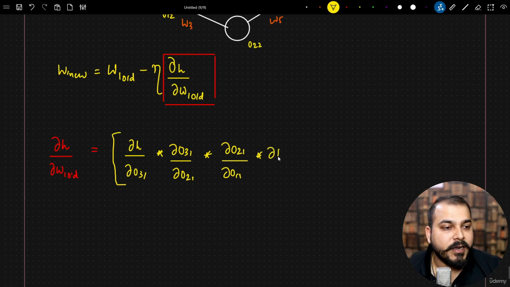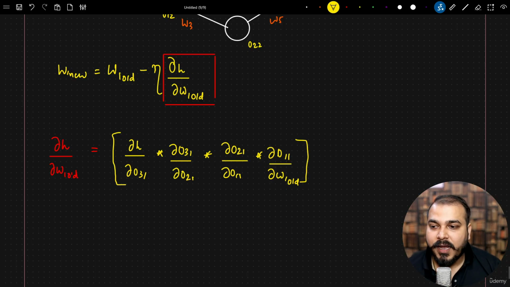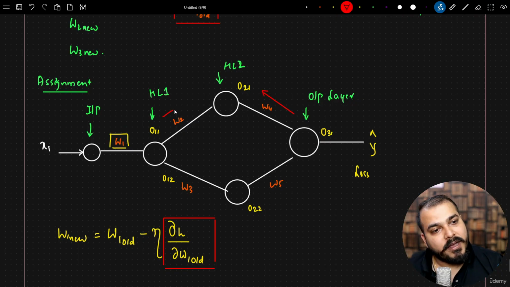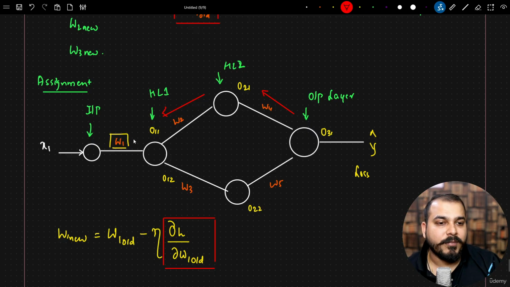So here I will write derivative of O11 divided by derivative of W1 old. Okay. So this is the first side, right? I hope you are able to understand this is the first side, but we did not still pass this, right? We went through this rule, right? From here to here we went and from here to here, and finally we updated this.